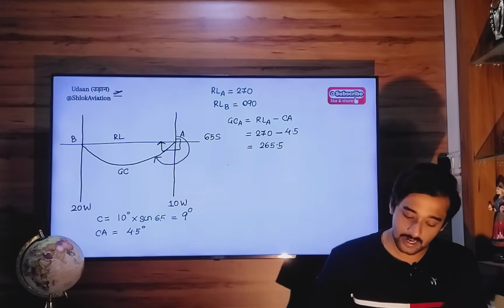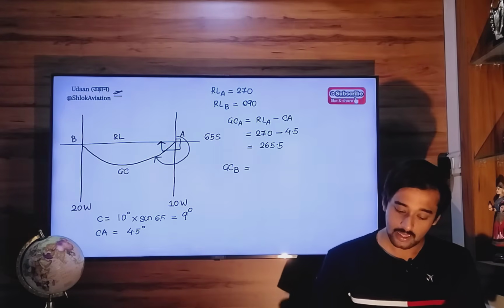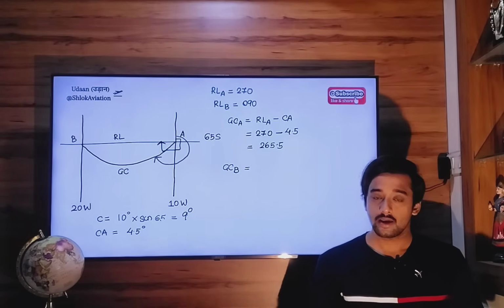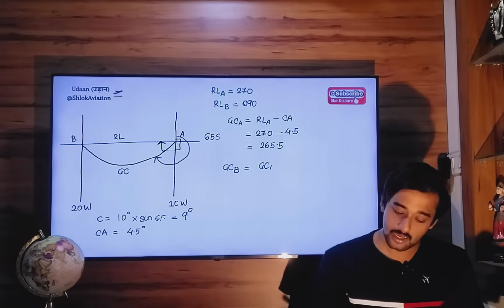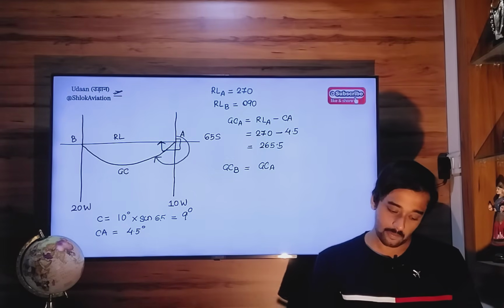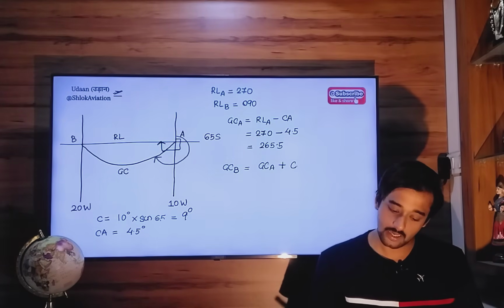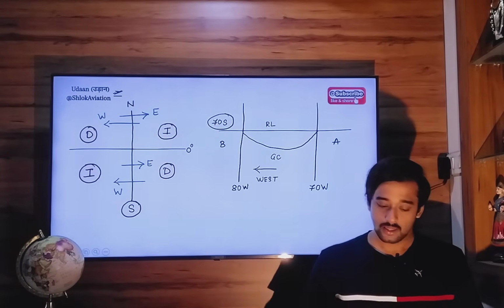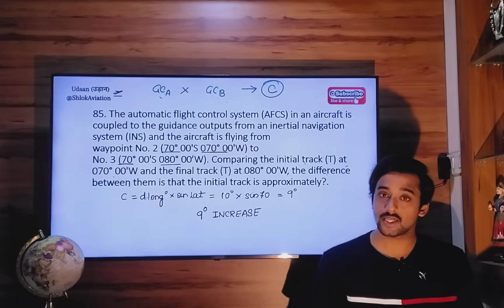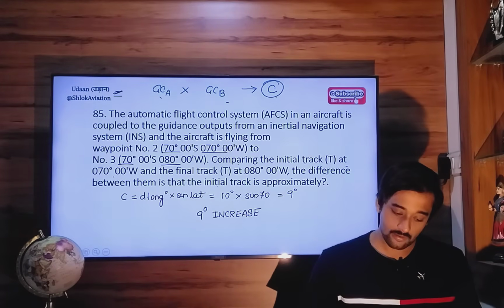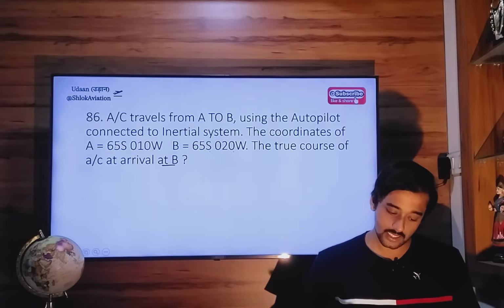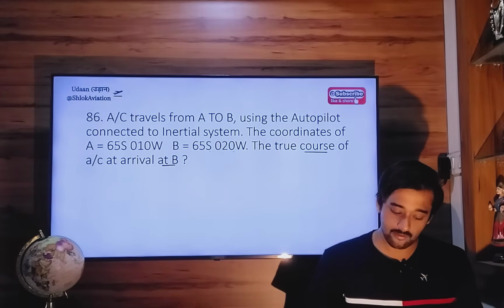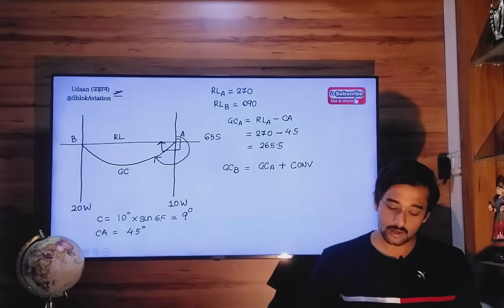Okay, next we have to find great circle track at B. Now great circle track at B will be great circle track at A plus convergency. Why? This is the formula: the difference between two great circle tracks is your convergency. So if they have asked us to find the course of arrival at B, what do they mean?